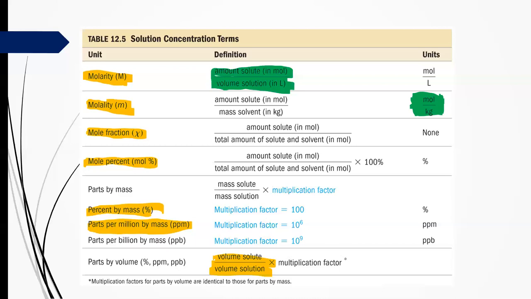And so if our solution increases in its volume as the temperature goes up, its molarity actually goes down during that process. Its molality would stay the same. So we use molality more often when there's a change in temperature. Mole fraction is just moles of solute over the total number of moles.